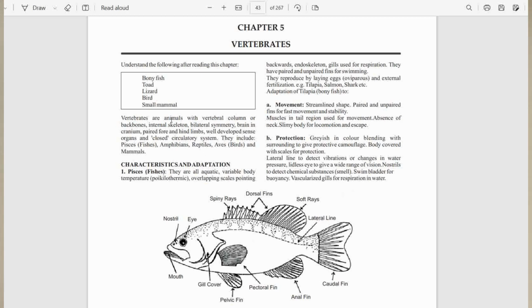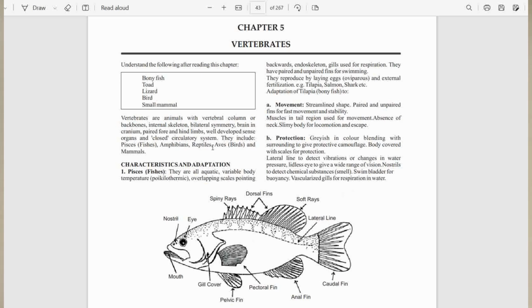Generally, vertebrates are animals with vertebral column or backbone, and they have internal skeleton. They also have what is called bilateral symmetry. They have their brain in the cranium. They have paired fore and hind limbs. They have well-developed sense organs, and they have what is called a closed circulatory system.